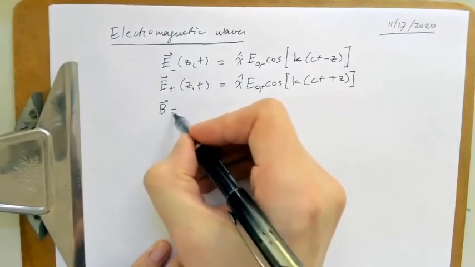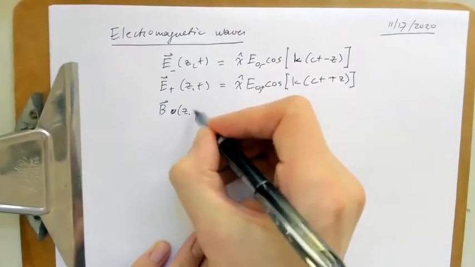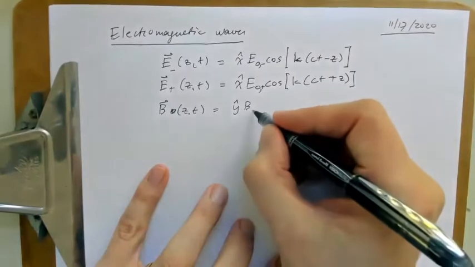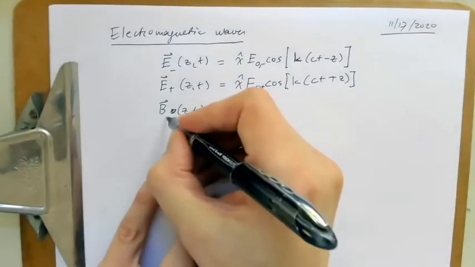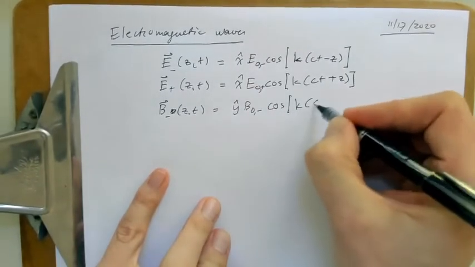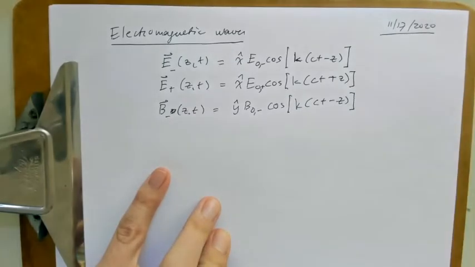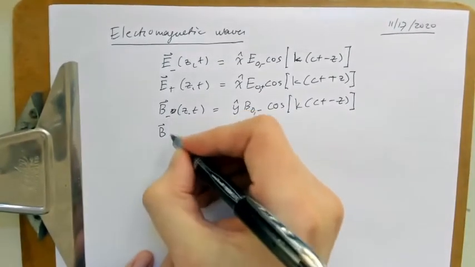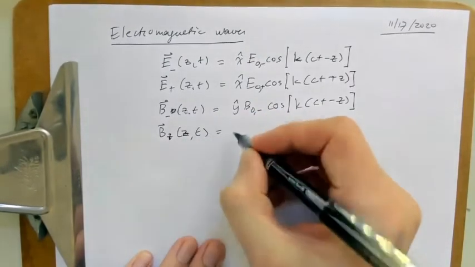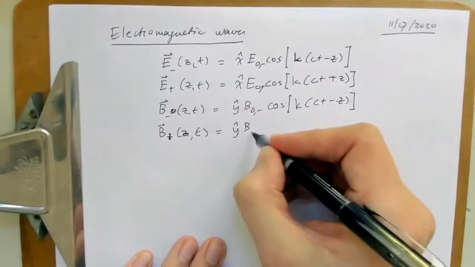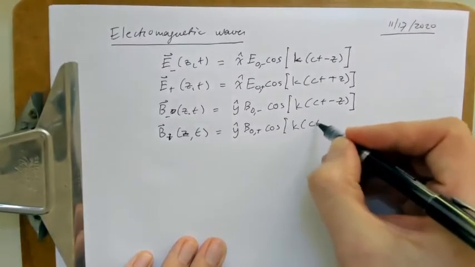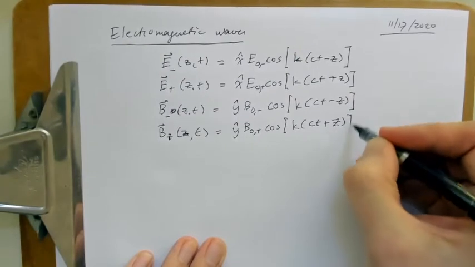So there was a B field that was, I do apologize, pointing in the y direction with some B component, B0, and let's call this minus cosine, k(ct minus z), and then there's a plus y hat B0 plus cosine, k(ct plus z).